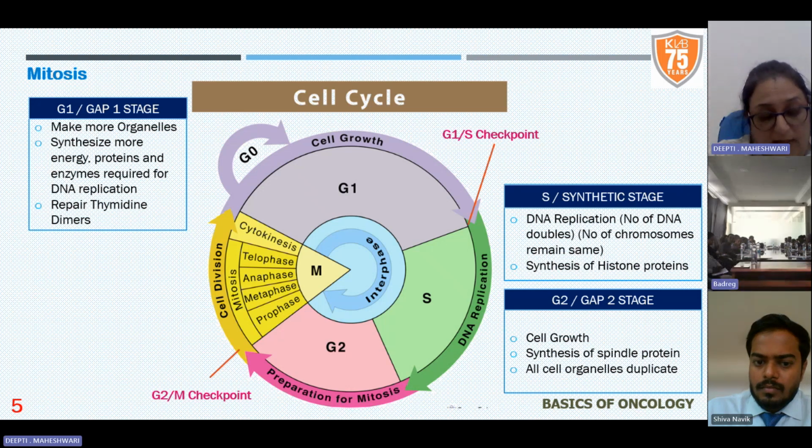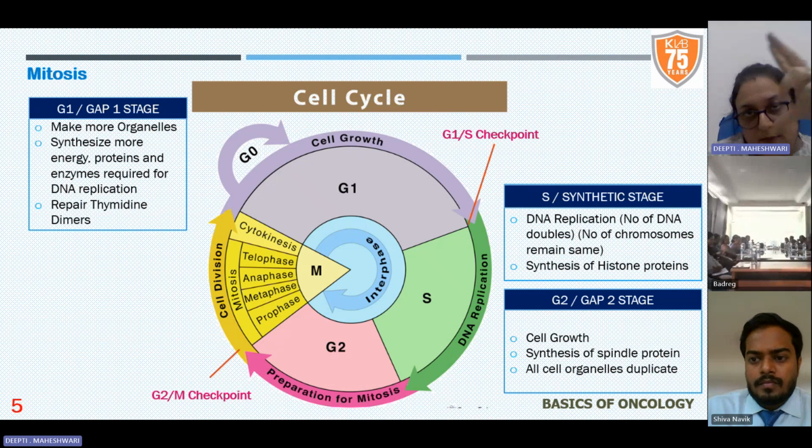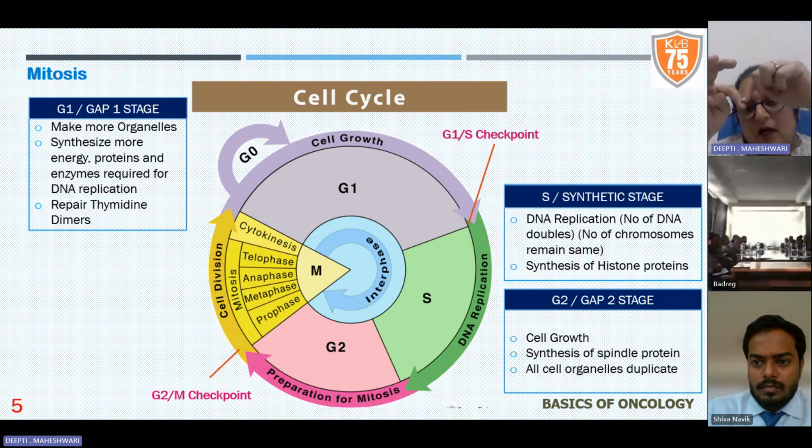The point where they attach to the DNA or the chromosomes is called kinetochores. So the mitotic spindles attach to the DNA at a point called kinetochores.